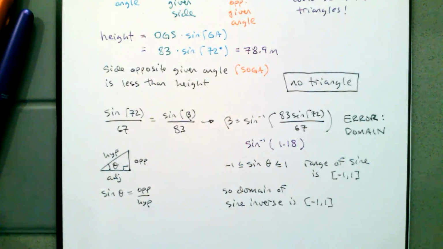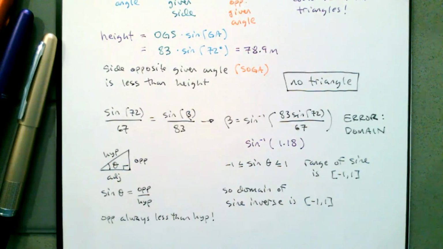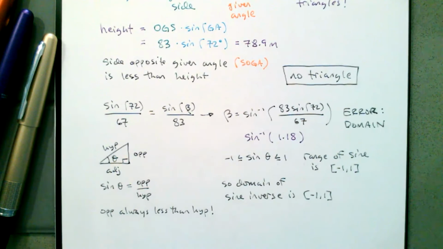The hypotenuse is always the biggest side. Opposite can't be greater than hypotenuse. So opposite divided by hypotenuse is always less than or equal to 1. The hypotenuse has to be the biggest angle.